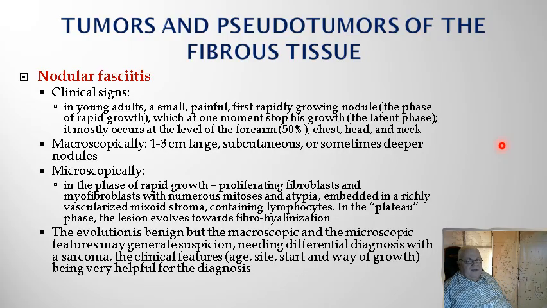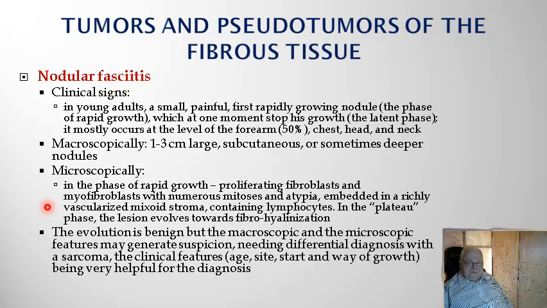Being the result of a trauma, in fact, of this fascia, and being in reality an inflammation, a proliferative inflammation of it, and not a real tumor. But clinically looks very much like a tumor because it is growing rapidly. And being an inflammation, it's even possible to generate local lymphadenitis, meaning enlargement of the local lymph nodes.